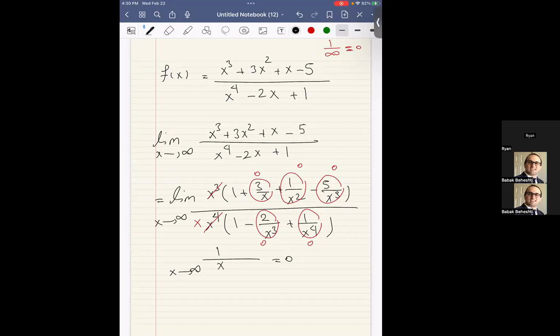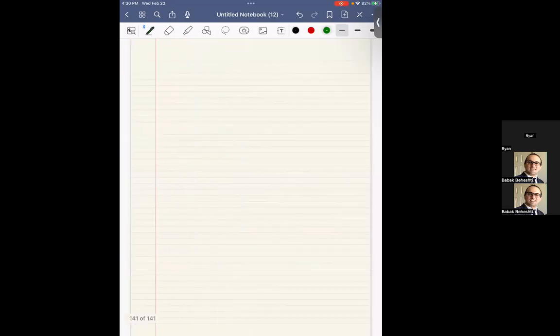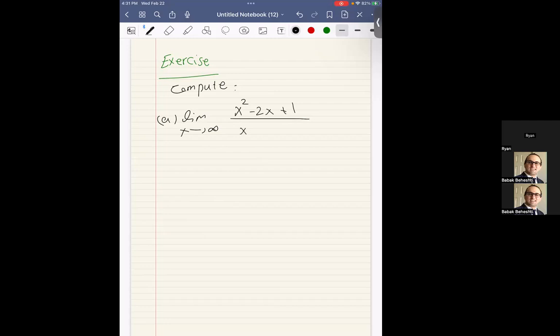Okay, so as an exercise, just following this logic, I want you to compute these limits. a is the limit as x goes to infinity of x squared minus 2x plus 1 over 2x squared plus 2x plus 3. b, again limit as x goes to infinity of 1 minus x cubed over 4x cubed plus x squared plus 3.